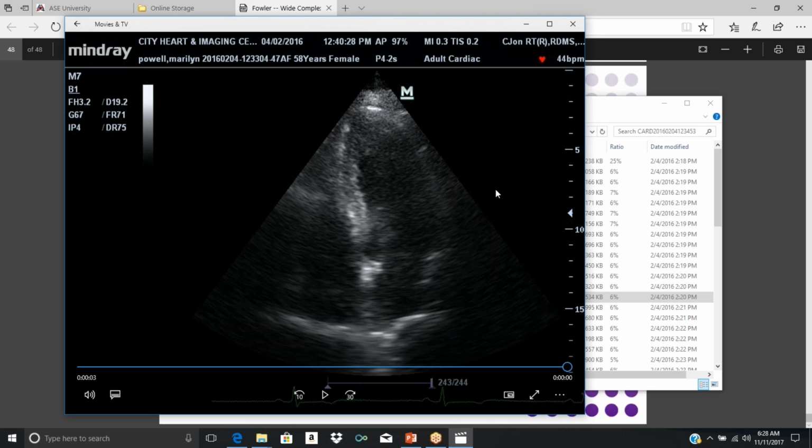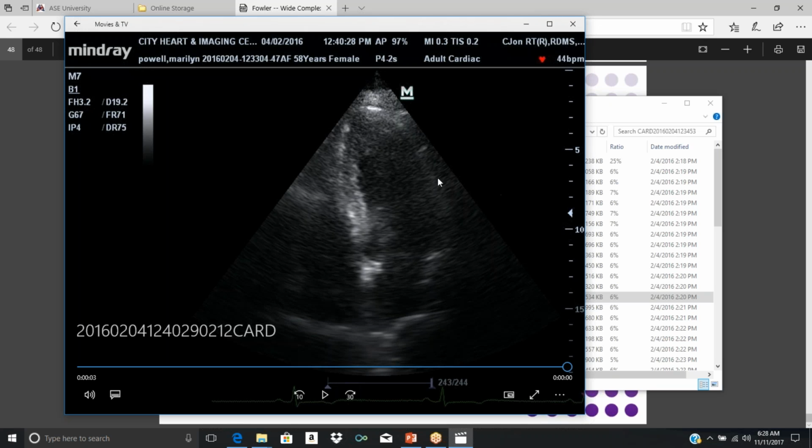The marker is at the 3, 4 o'clock position, or if the heart is enlarged, you have to palpate, find the apex, and put your probe there. Okay, because if you don't do that, you're going to foreshorten the image.